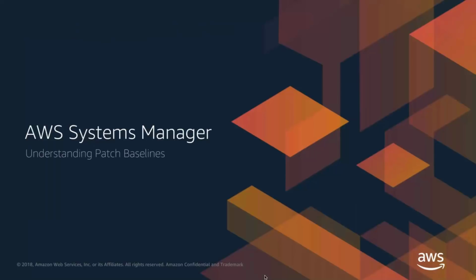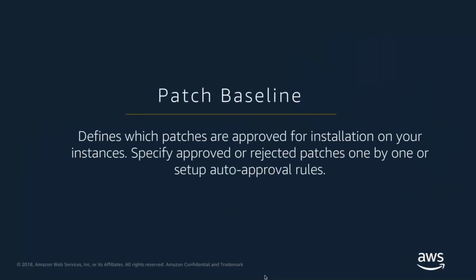Thanks, Suhaib. So the first concept that we want to really dive into here is patch baselines. A patch baseline defines which patches are approved for installation on your instances. This is where we can specify approved or rejected patches one by one. So if we want to have a whitelist or a blacklist of approved patches, we can do that.